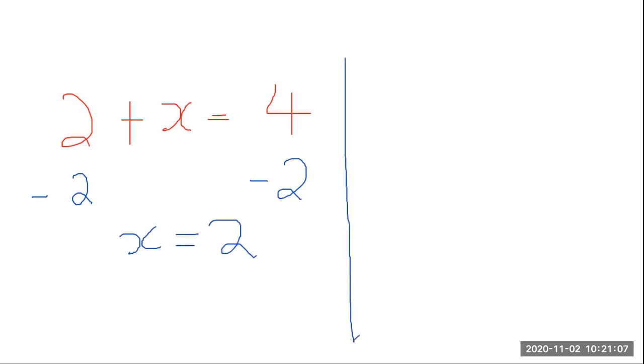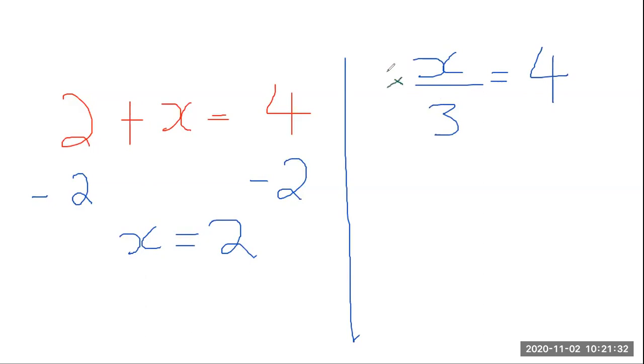This is a quick review. If I have 3x, actually, let's do a different example. Let's make it x over 3 is equal to 4. And the goal is to find x by itself. What do I do to find x? Yes, that's right.